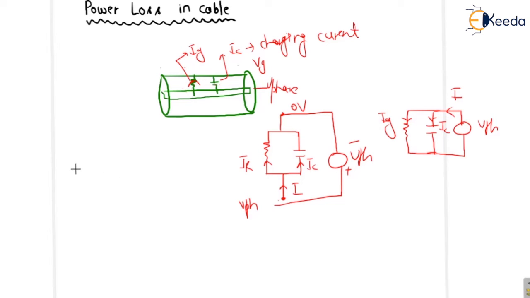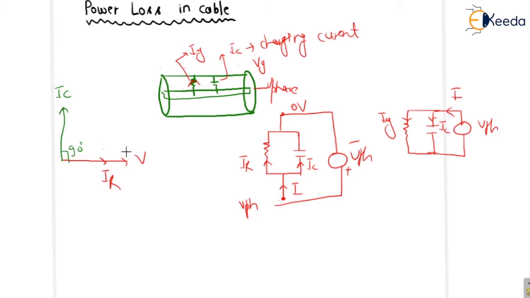If we take the voltage as common, IR will be in the same phase and IC will be 90 degrees leading the voltage, because capacitor current always leads voltage by 90 degrees.